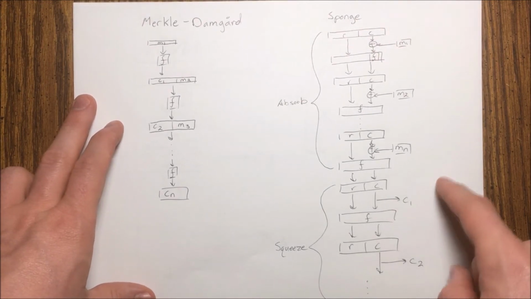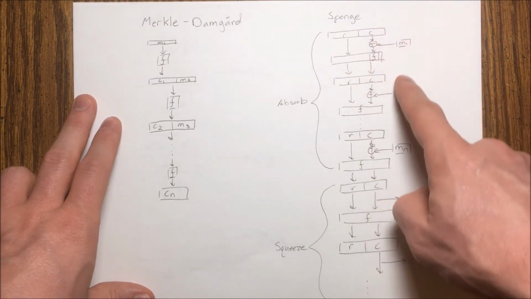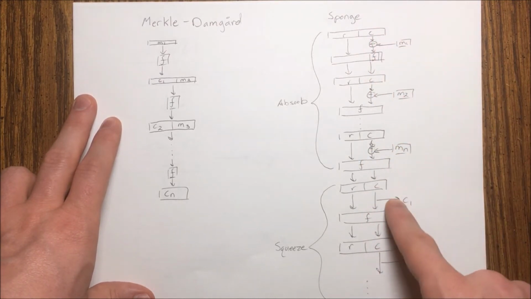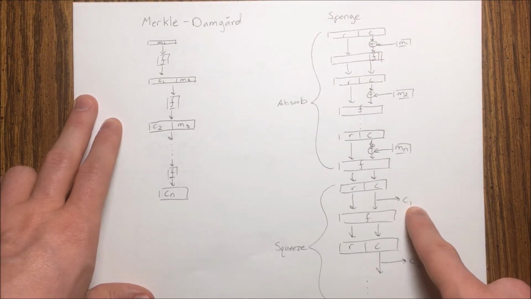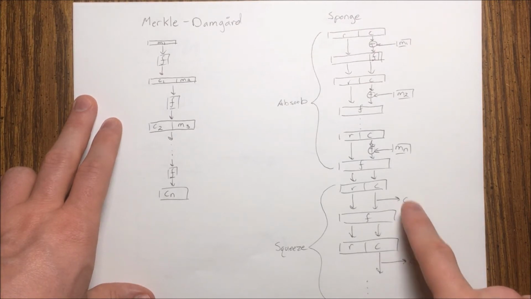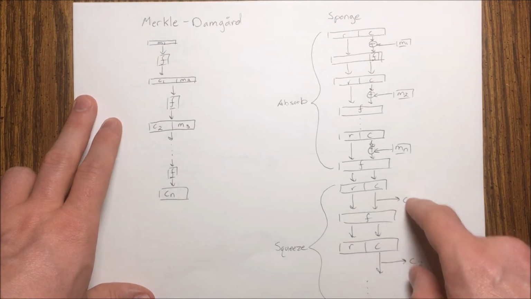But NIST's recommendation for the implementation of SHA-3 says, okay, you can absorb all your message blocks and you only have one cryptographic hash output. Now, that same NIST document says that there are multiple versions of SHA-3 that you can use.